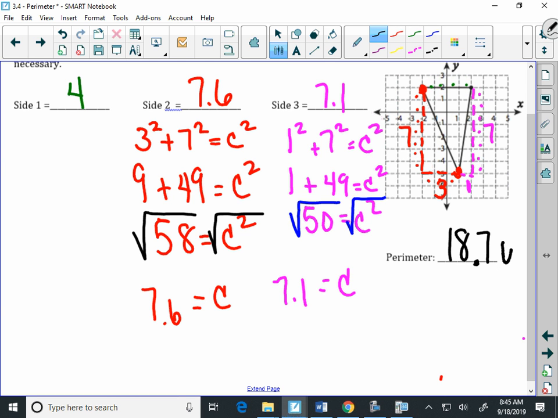And I like to put a U after that just for units. Not going to be picky on that one because we're not given units. We were given units on example 1A and B in our first example 2. But remember, perimeter, the distance around.